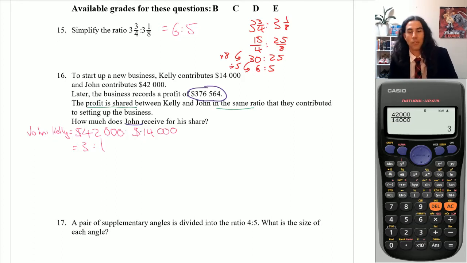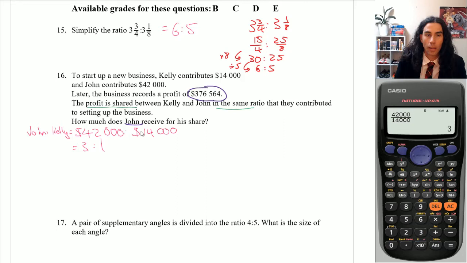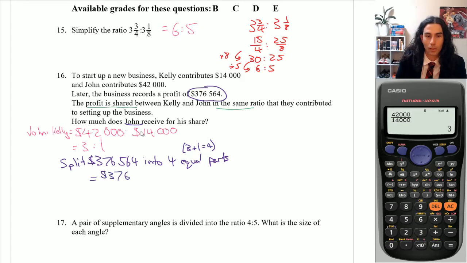So it's even easier. What we do, we're going to split 376,564 into 4 equal parts. Why 4? Because 3 plus 1 is equal to 4. Now this is actually a nice thing to divide by 4.